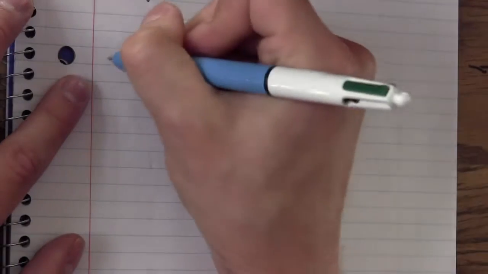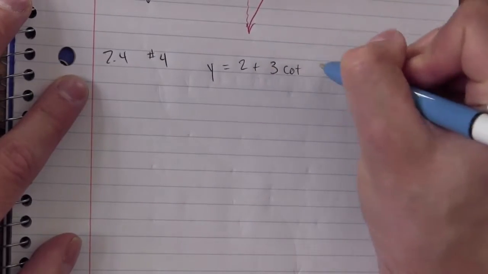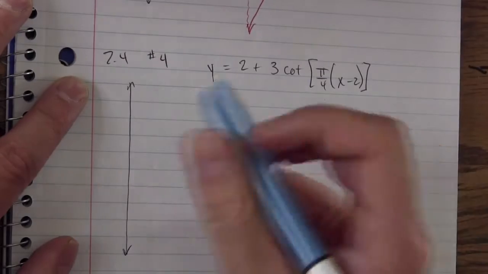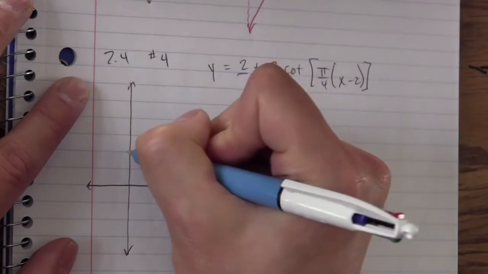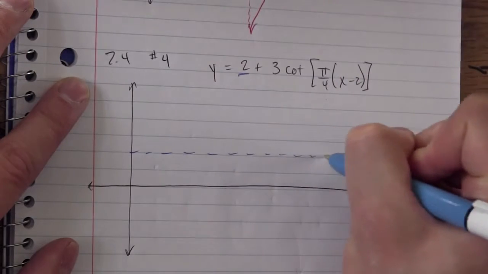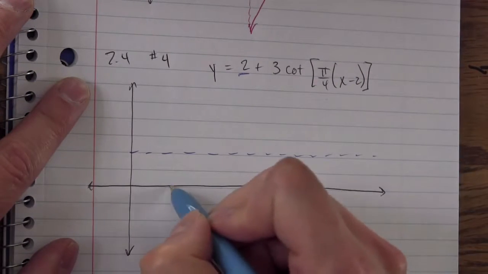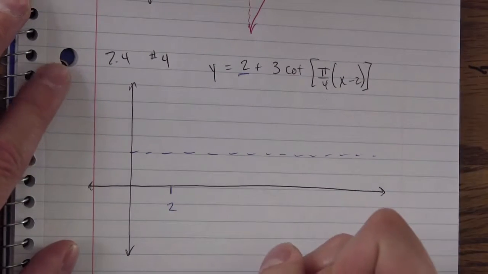So just to complete things, I'll show you a cotangent. And so we're going to do number 4. Put down the K line, which is at 2. So I always put down a dashed line. Now our H is 2, so we drop a tick at 2. And now we figure out our period.